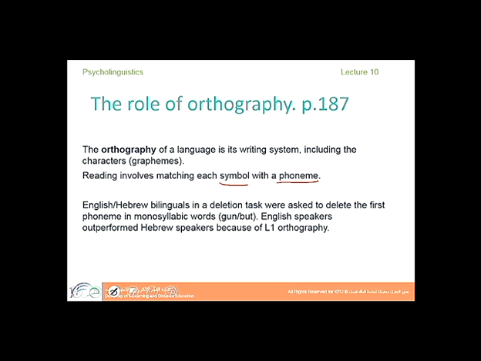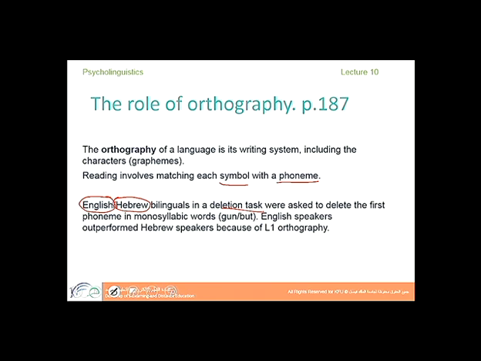So in an experiment, in a research paper, they had two groups of speakers. First of all, native English speakers and Hebrew speakers. Of course, they were bilingual, English-Hebrew bilinguals. And they gave them a deletion task. So what did they ask them to do in this deletion task?